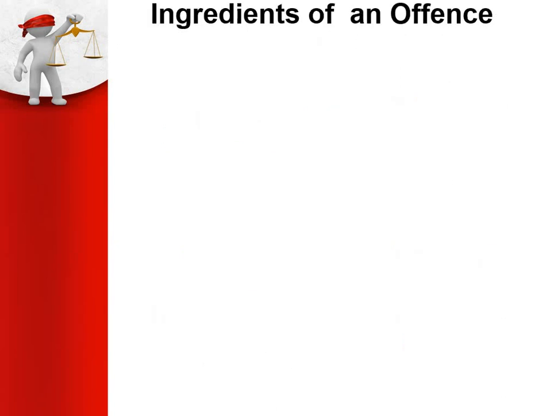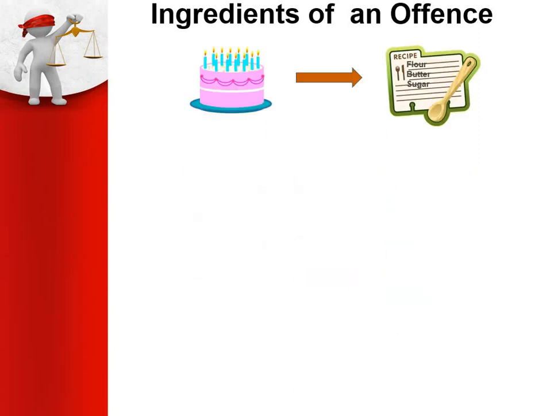Now I'm sure all of you know how to bake a cake. Now in baking a cake, there are several ingredients that we need. For example, flour, butter, sugar, etc. Now the task for the prosecution is also to bake a cake, meaning the prosecution has to establish an offence using the ingredients of an offence.